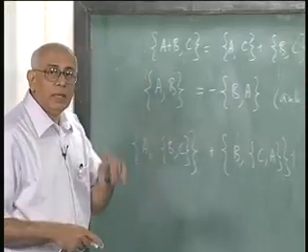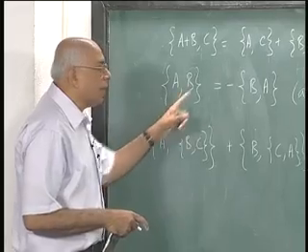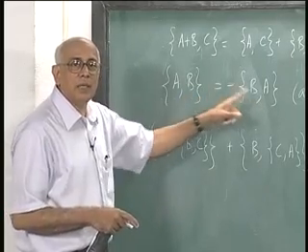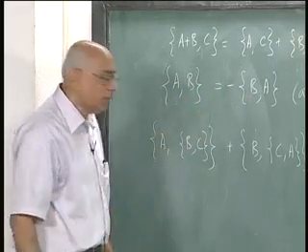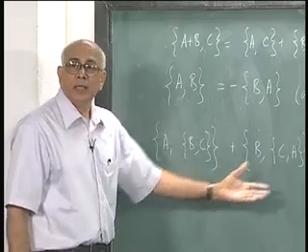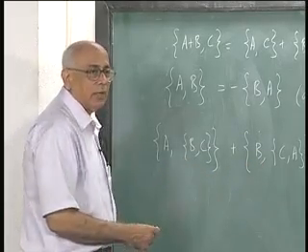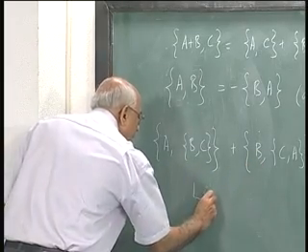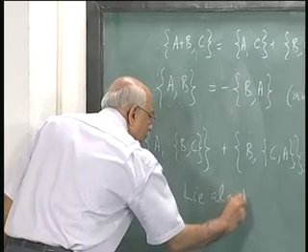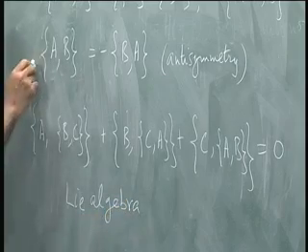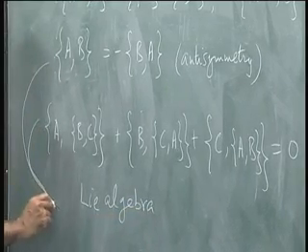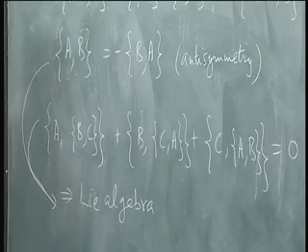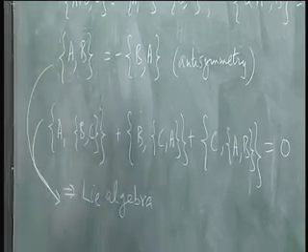If you can define a bilinear operation among them which is antisymmetric, which has a minus sign when you interchange two members, and for which the Jacobi identity is valid, such a set of elements is said to form a Lie algebra. This plus this together imply that the set of elements is a Lie algebra.